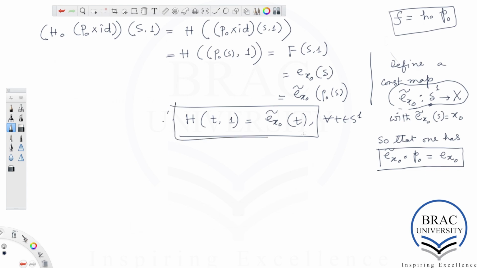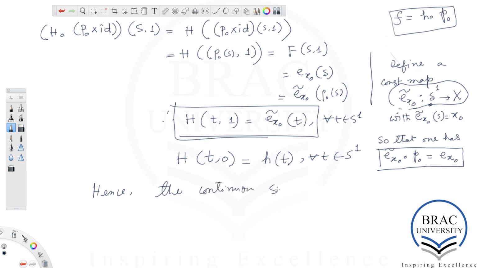So we just have seen that H of t comma 0 is equal to small h of t for all t in S1, and we have also seen that H of t comma 1 is this. So hence the continuity of this map follows from the continuity of the path homotopy big F by the use of theorem 2.